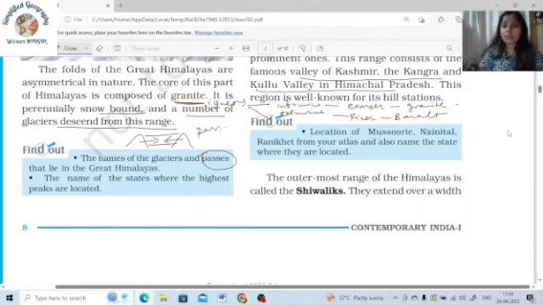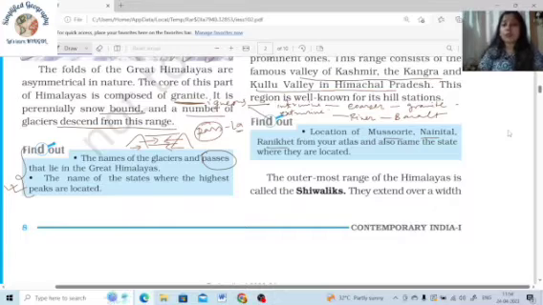A pass is also known as La in some regions of the northern part of our country, like Ladakh, Uttarakhand, Himachal Pradesh, etc. So Shipkila, Baralachala, Tanglangla, Umlingla are all names of passes which connect one mountain to another mountain. The states where the highest peaks are located we will do after learning the northern mountains. The location of Mussoorie, Nainital, Ranikhet from the atlas we will also do after finishing these mountain ranges.